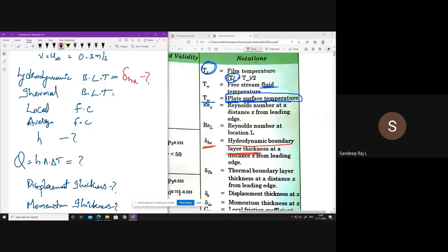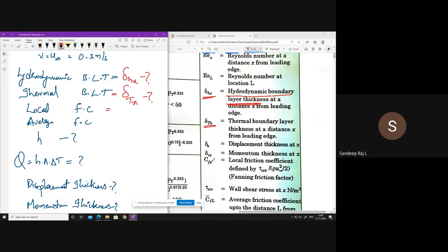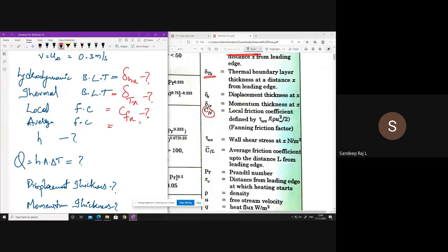He's asking you to find this. Next, delta Tx. Delta Tx means thermal boundary layer. Next one is local friction coefficient, which means CFX. Next one is average friction coefficient. It is CFL bar.